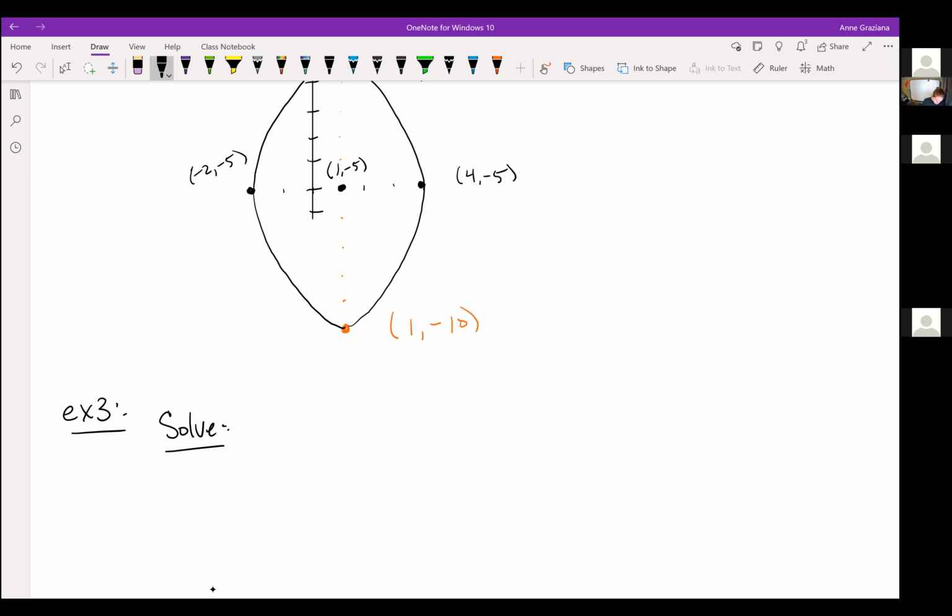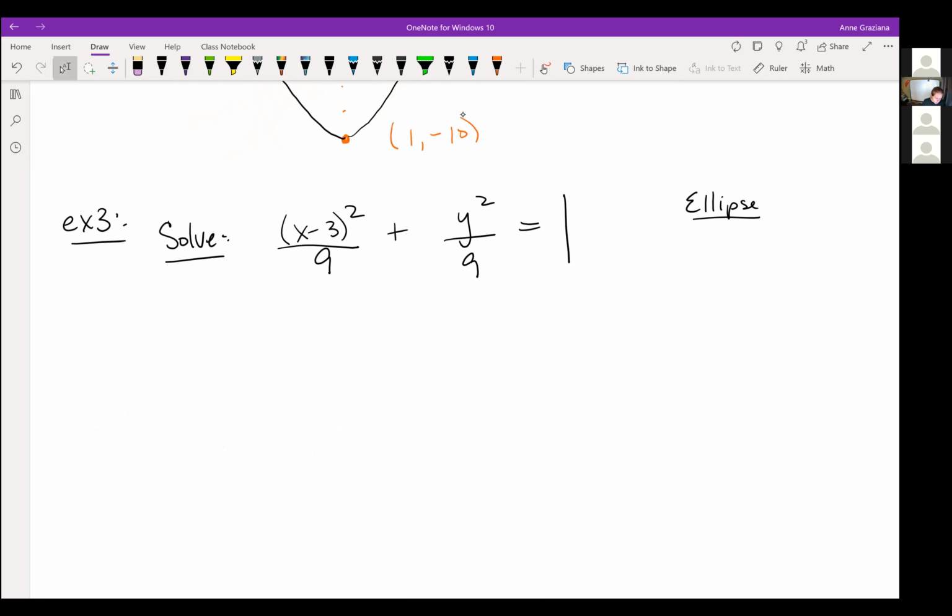So here's another example. Say I have x minus 3 squared over 9 plus y squared over 9 equal to 1. So this is an ellipse. Now, what is my center here? How about Coral?